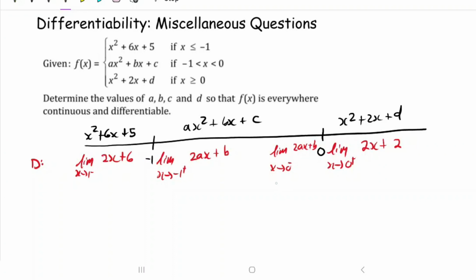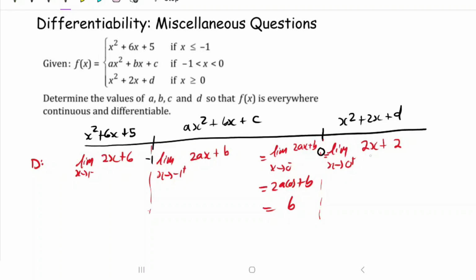So what we then want to do is substitute our limits. So I'm going to start from this side of 0. If we substitute our limits, that becomes 2a times 0 plus b, leaving us with just the b on the other side. And on this side, we know that by differentiability, these sides must be equal at the point that we're dealing with.